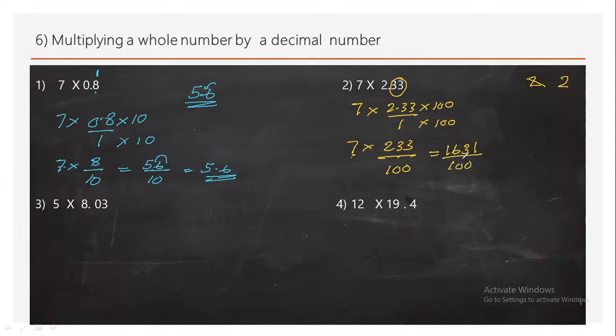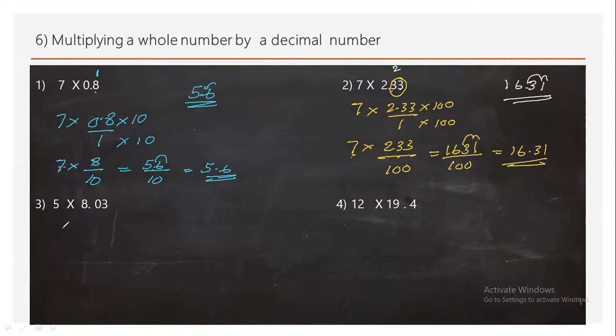Divide by 100, right? Two decimal places to this side, 16.31. Instead of doing so, don't concern the decimal places, just multiply 7 times 233, 1631. It means now it contains two decimal places here. Then two decimal places in the answer, 16.31.